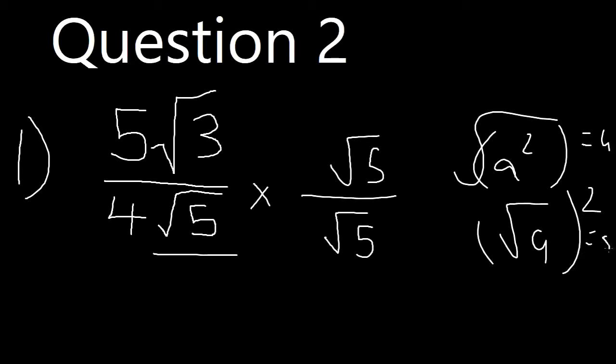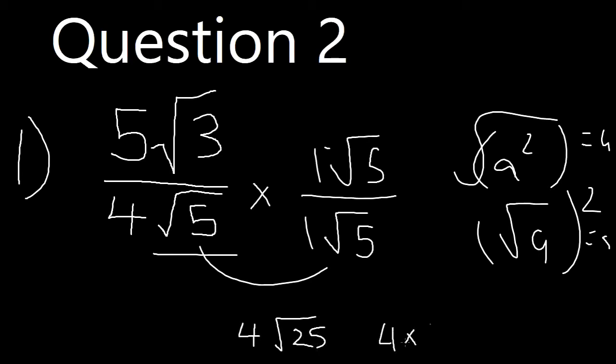So remember there's an invisible 1 out the front here times the coefficients. 4 times 1 for our denominator coefficient is 4. Root 5 times root 5 is root 25. And we know that this denominator now is going to be 4 times 5 because root 25 is 5, which is the same thing as 20.